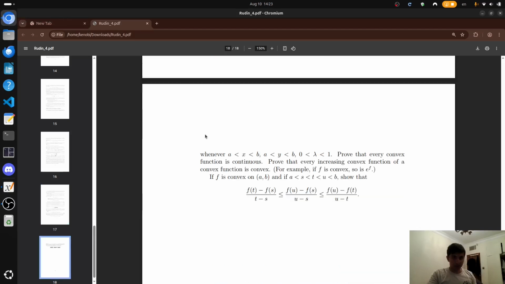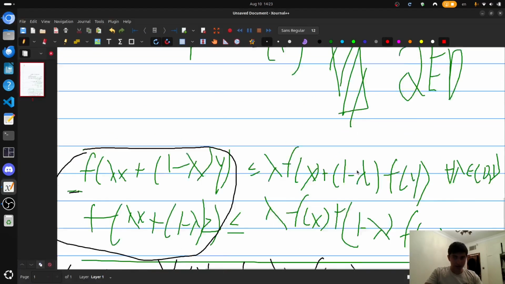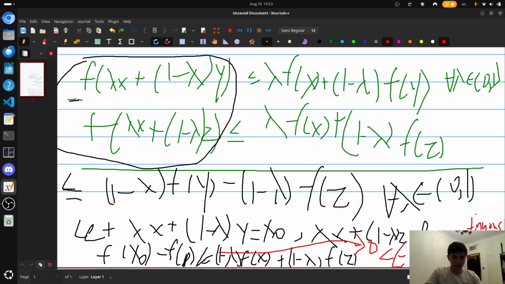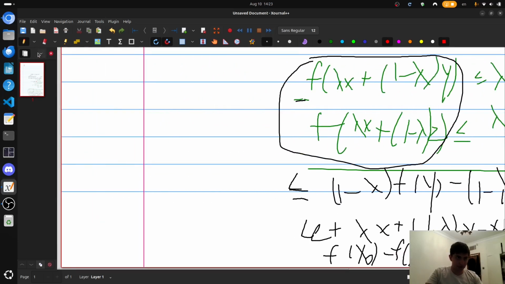Now we get to the second part of the exercise, where we want to prove this inequality over here, and it's fairly easy. You can basically use a fact. Let me zoom out.